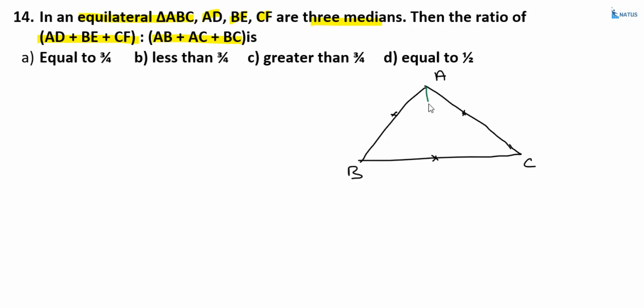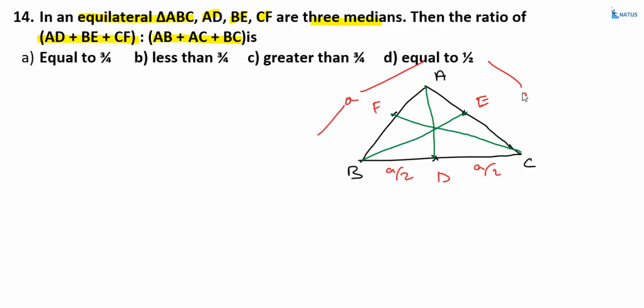This is AD, this is BE, and this is CF. D, E, F. Suppose this length is equal to A. This length is A by 2, and this length is A by 2. And this length is equal to A.